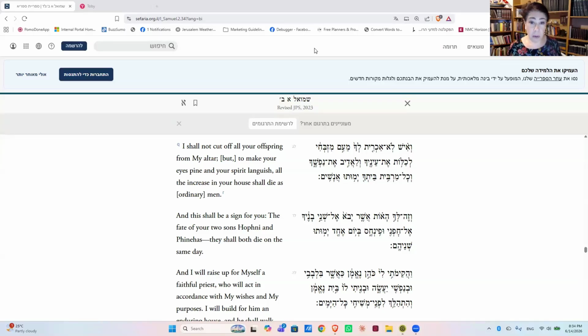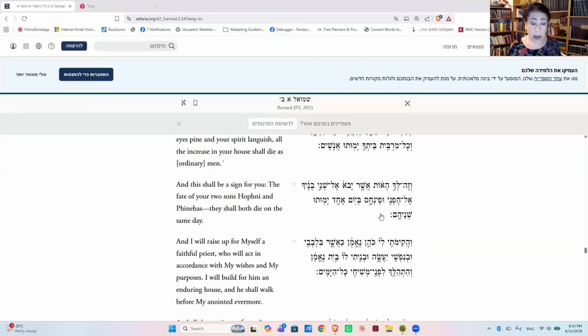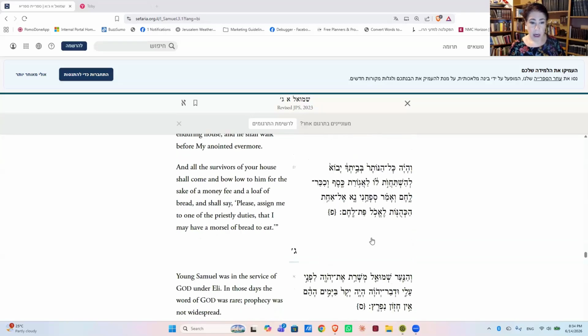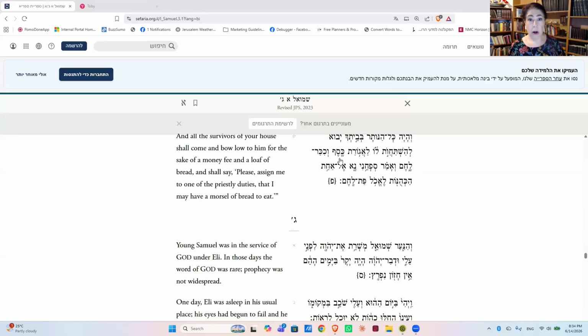Shiloh is overrun, the tabernacle is destroyed, and the sons are killed on the same day, and Eli himself falls down and dies. So tragedy, and they're cut off. So that's the first case we have very early in the book where, because they have abused their office, they are cut off from continuing in service of God.